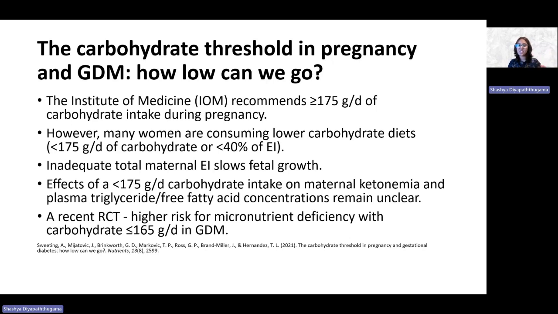If we reduce the percentage coming from carbs, it should increase somewhere else. And if that increases from fats, does it have any effect on plasma triglyceride and free fatty acid levels? That is something arguable, and that still remains unclear.